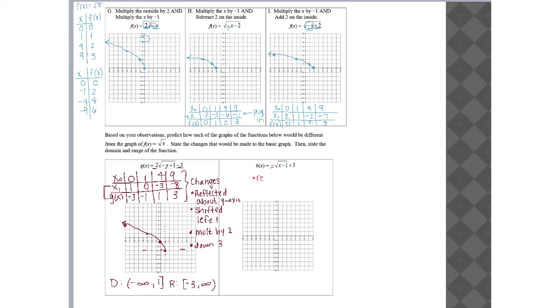So we will reflect about the x-axis. Let's see, what else will need to happen with this? So we will need to shift right. So we are going to shift right 1, and then we're going to shift up 3.